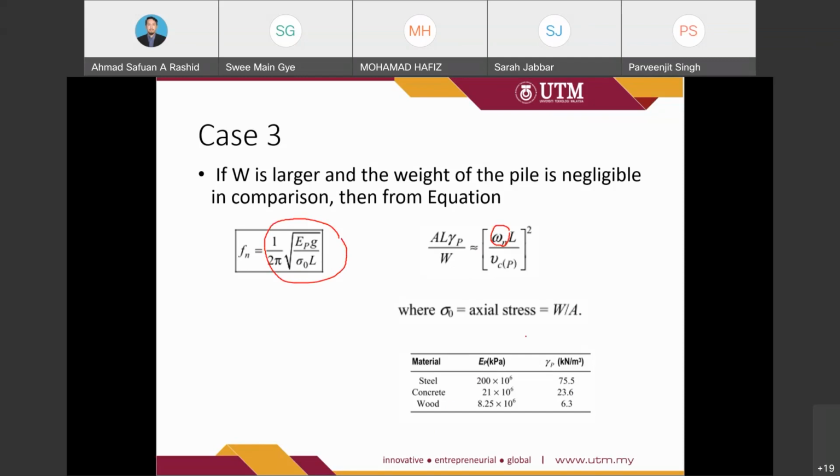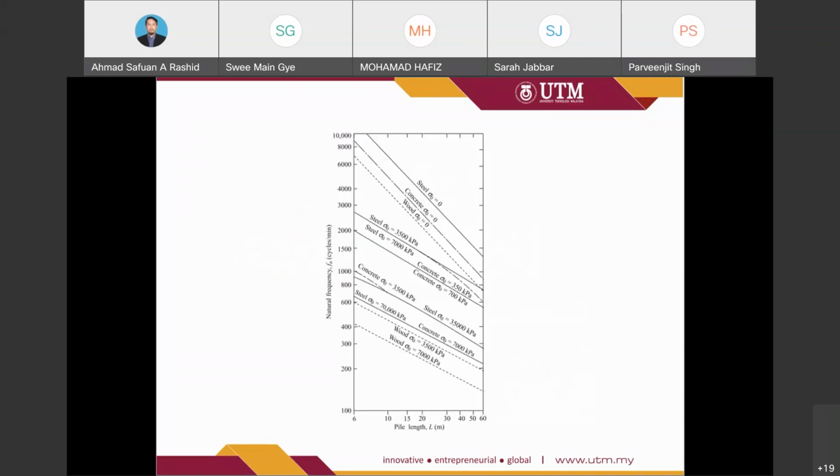The material values for Ep and gamma p we can use as listed in this table. Or we can use this kind of relationship to directly determine the natural frequency for case number 3.